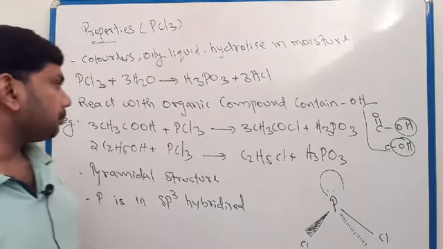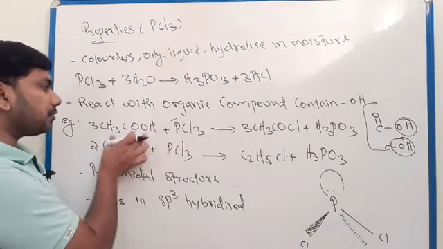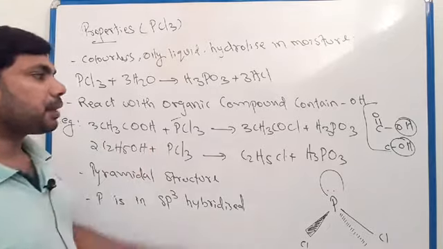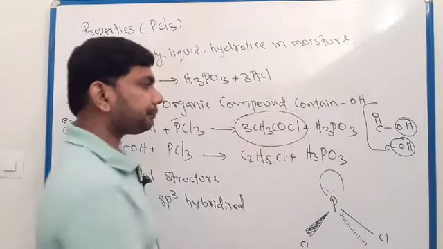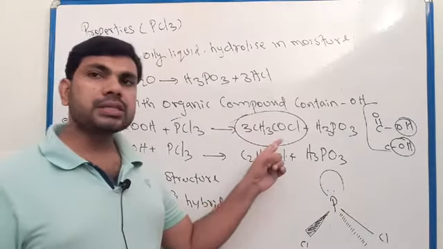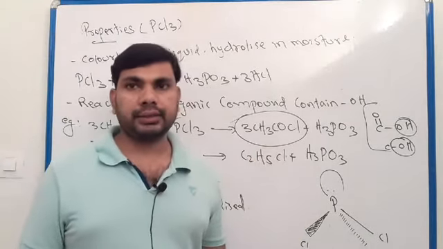See here, for example, PCl3 will react with carboxylic acid, it produces CH3COCl, carbonyl chloride. This type of compounds are called carbonyl chloride.